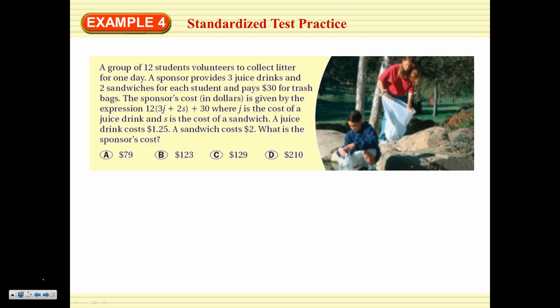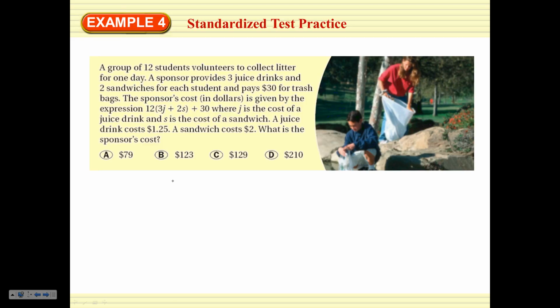All right. For the standardized test practice, I would like you to read this problem and just pause the video if you'd like to. It says a group of 12 students volunteers to collect litter for one day. I guess I will read it. A sponsor provides 3 juice drinks and 2 sandwiches for each student and pays $30 for trash bags.